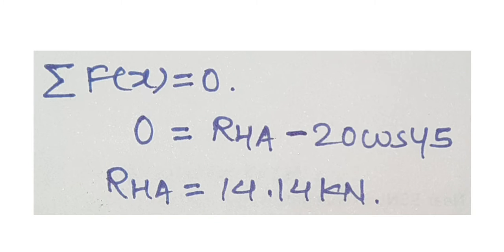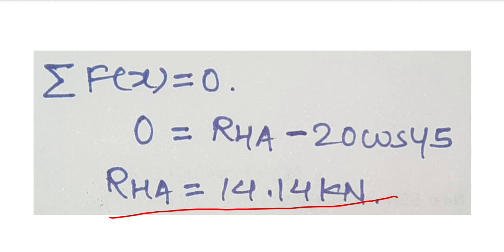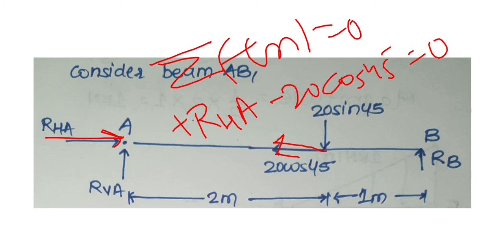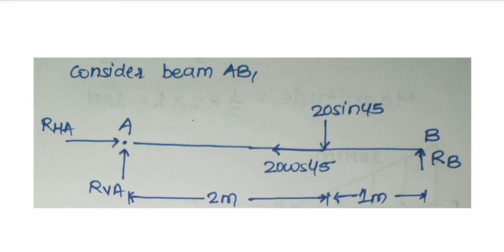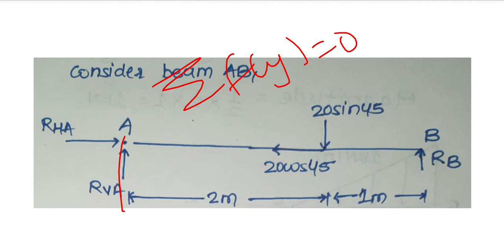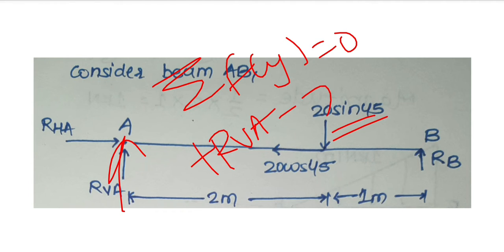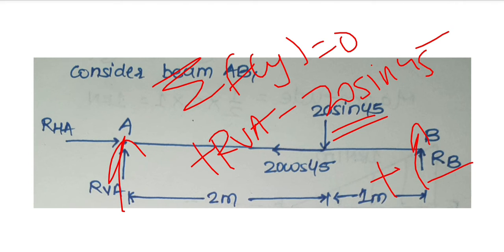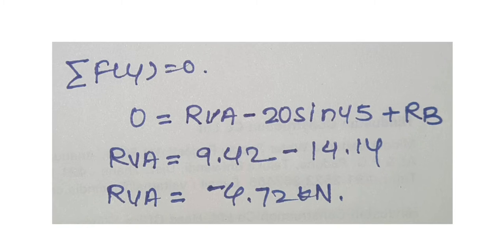Solving this, we get RHA equal to 14.14 kilonewton. Now we have the last equation, summation of Fy equal to 0. RVA is in the upward direction, so positive RVA, and this is in the downward direction, so minus 20 sin 45, and this is in the upward direction, so plus RB.